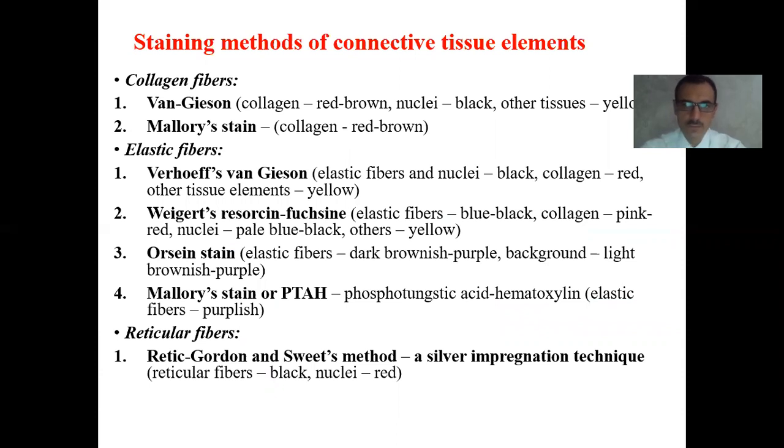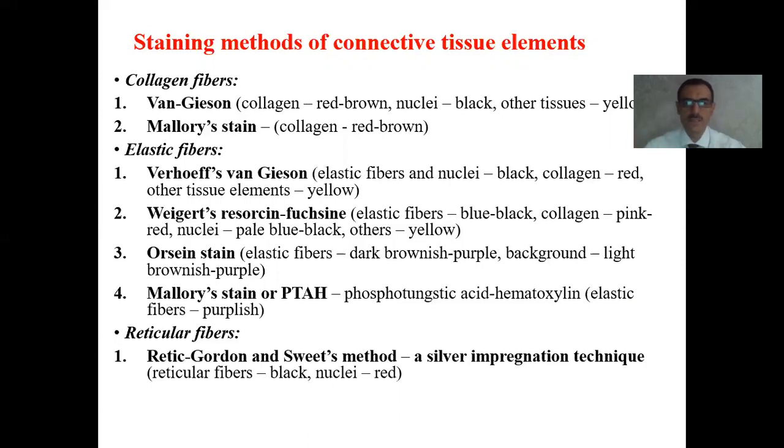If you remember from the histology course, the elements of the connective tissue, during microscopy, we use different staining methods. For example, for obtaining the collagen fibers, we use some different histochemical methods, such as the Van Gieson stain or Miller stain.